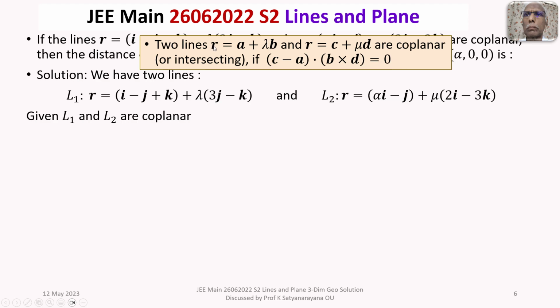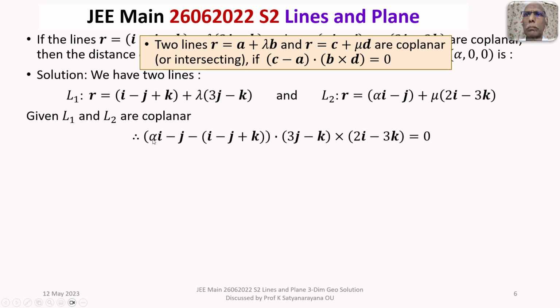So in our case, L1 is r is equal to a plus lambda b, and L2 is r is equal to c plus mu times d, and they are coplanar if c minus a dot b cross d is equal to 0.